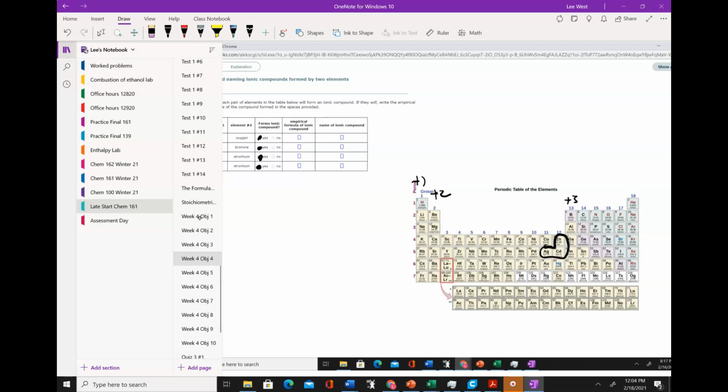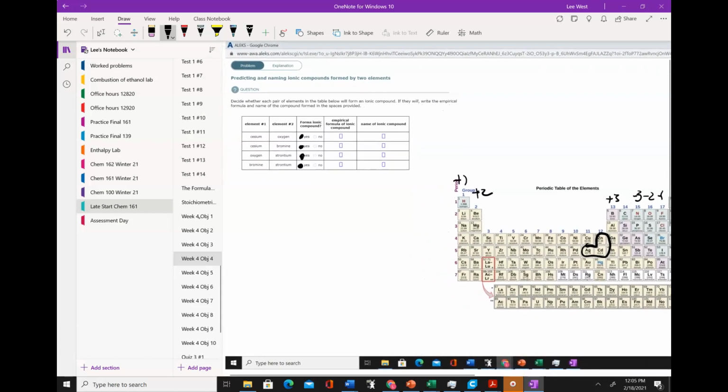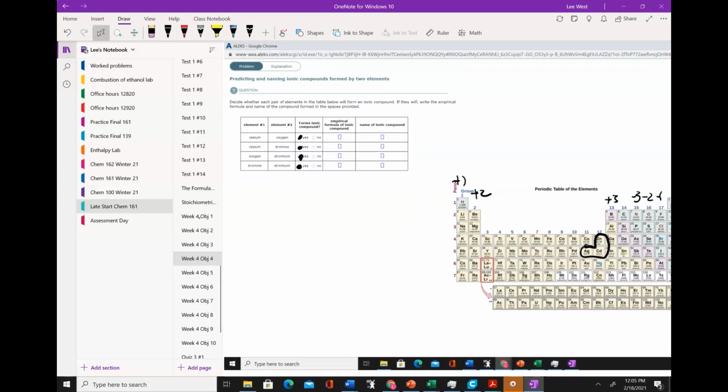For non-metals, the charges go -1 for group 7A, -2 for group 6A, -3 for group 5A, and then for group 4A, they're +4 for the metals and -4 for the non-metal, which is only carbon, but we're just not going to worry about group 4A because it almost never comes up and it's awkward to label.